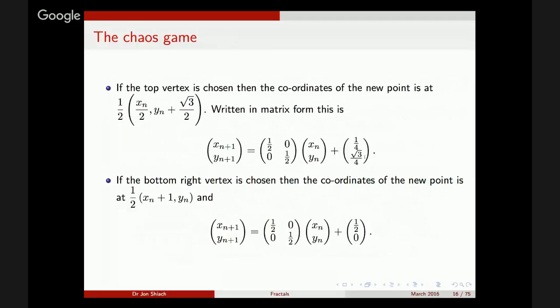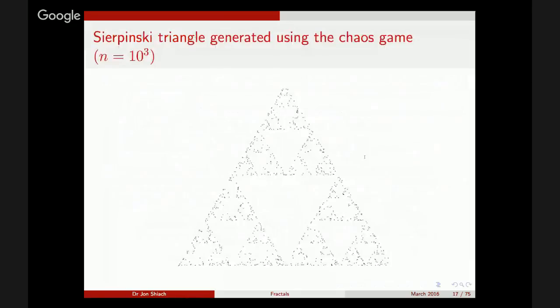And the final point, if the bottom right one is chosen, again, scale it by half, and we add this point.